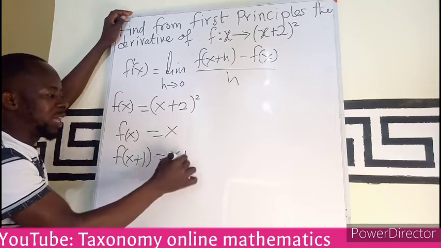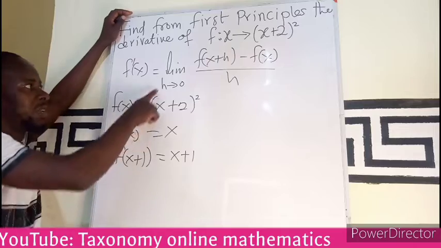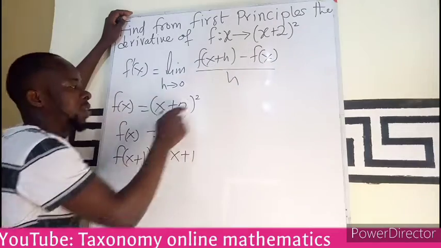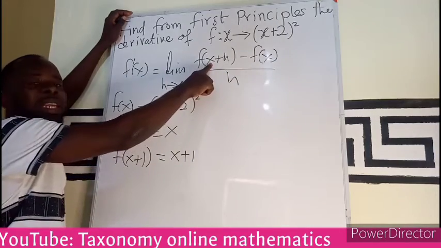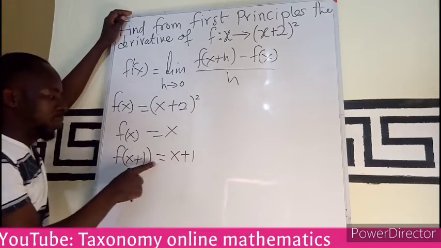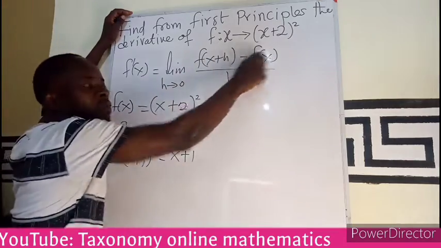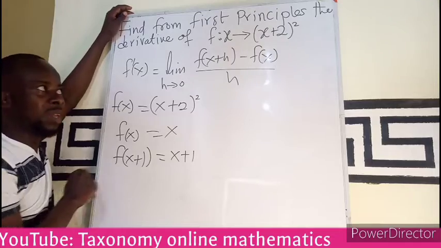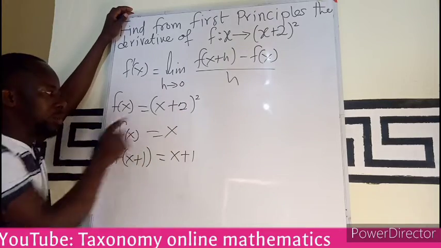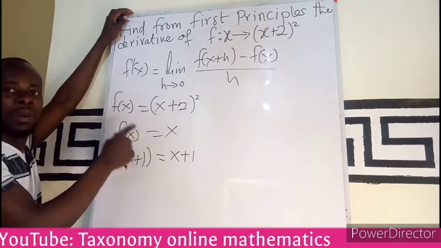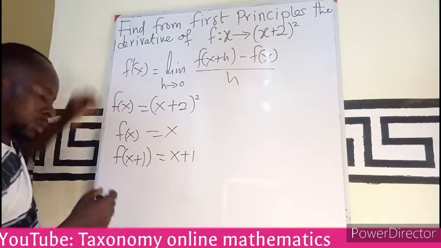So it's going to be x plus 1. The same way, if I have f of x equals this, then f of x plus h will just be the addition of what? H. So we are just going to add h to the x before we square.